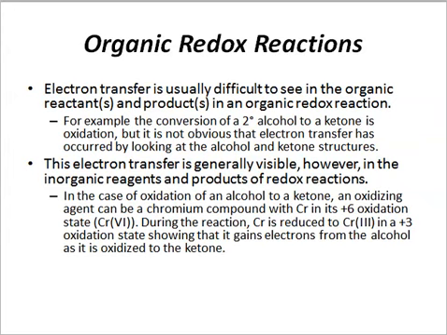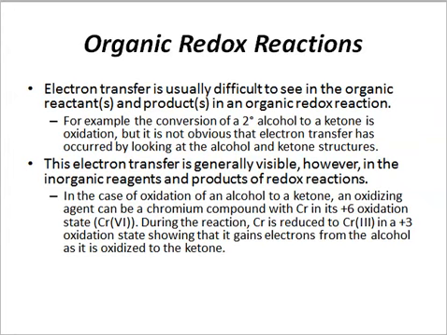The conversion of an alcohol to a ketone is an oxidation process, but by just watching the reactant and product, we don't know whether the alcohol has been oxidized or the ketone has been oxidized, or which has lost the electrons. So we cannot see obviously whether electron transfer is taking place or not.